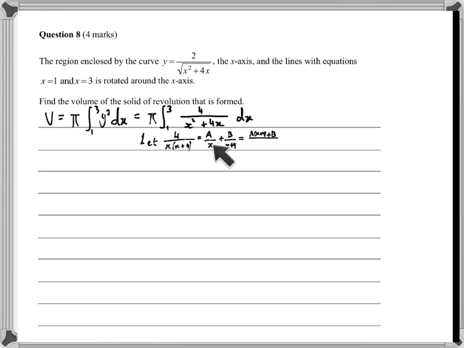So there it is. We've got a on x plus b on x plus 4 as partial fractions. So we've got to work out what the partial fractions are first. So get a common denominator and expand out the numerator there. And it gives you these two equations, a plus b is equal to 0 and 4a is equal to 4.